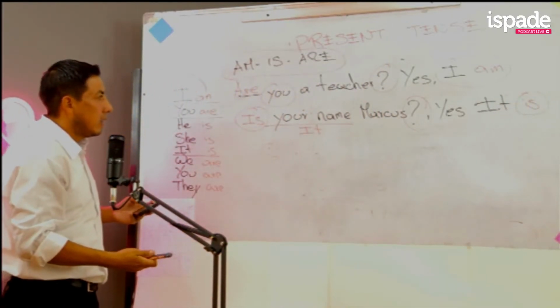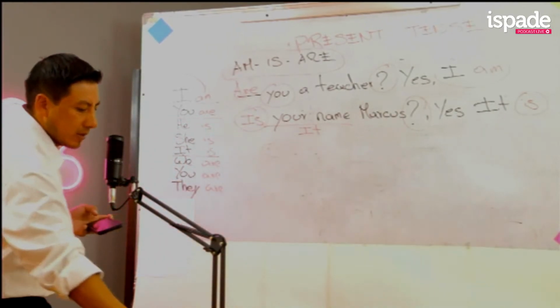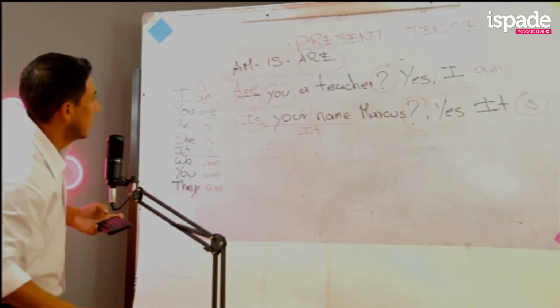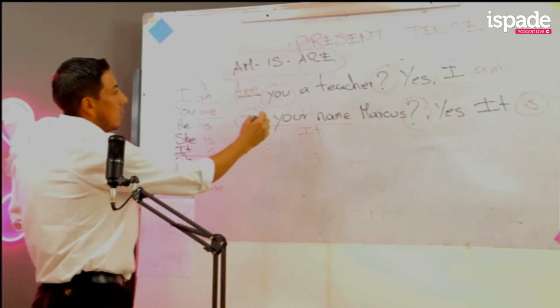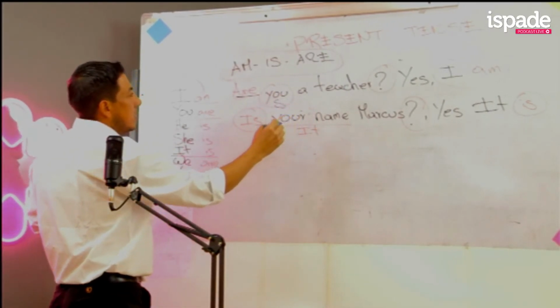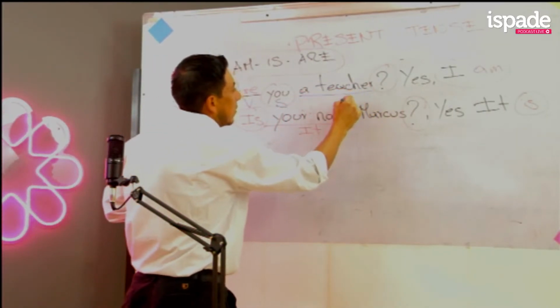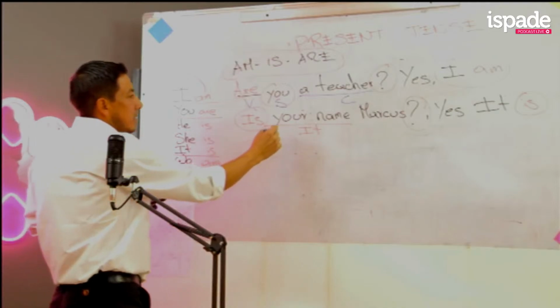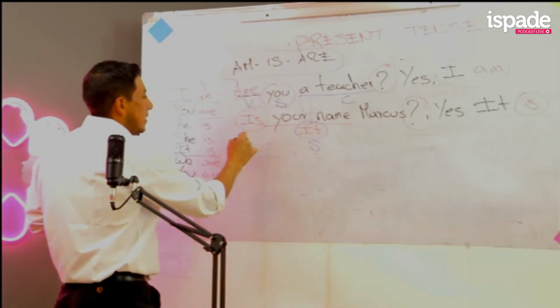You see? And also, you got the subject plus verb plus complement. As we can see. Here we got the subject. Here we got the verb. And here we got the complement. Here we got the subject. Here we got the verb.